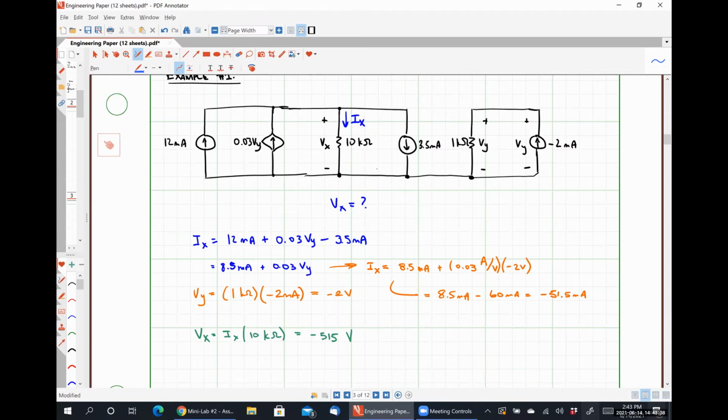If we apply Kirchhoff's current law, we can see that there is negative 2 milliamps of current flowing out to the right. And similarly, there is negative 2 milliamps of current flowing down.